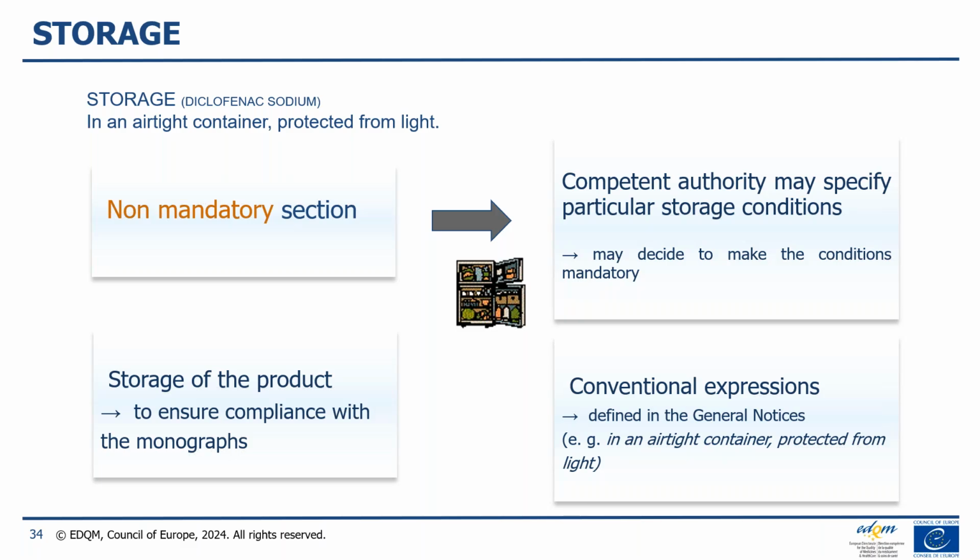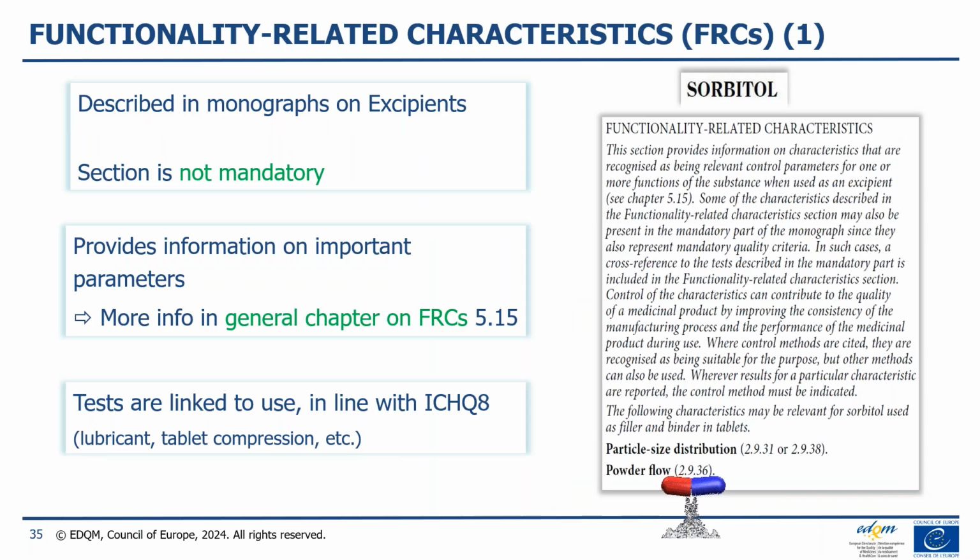I would like now to say a few words about another informative section, functionality-related characteristics. This section is mainly described in monographs on excipients. It is not mandatory, and there is a general chapter, 5.15, with more detailed information about this section.